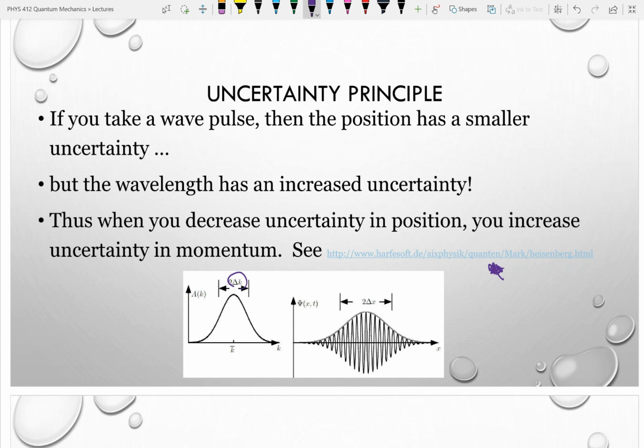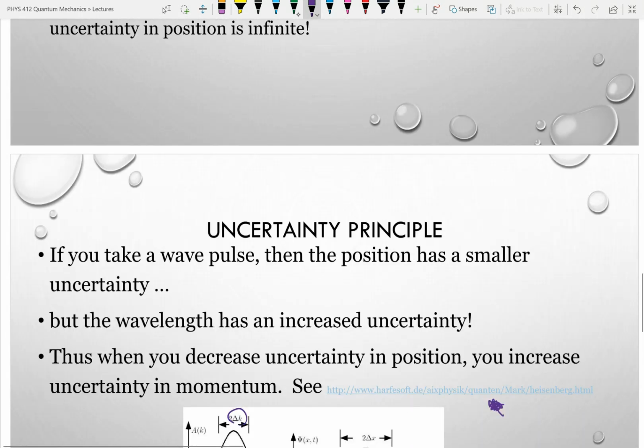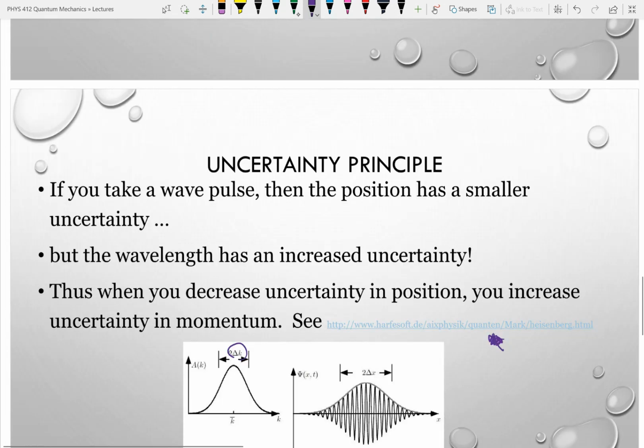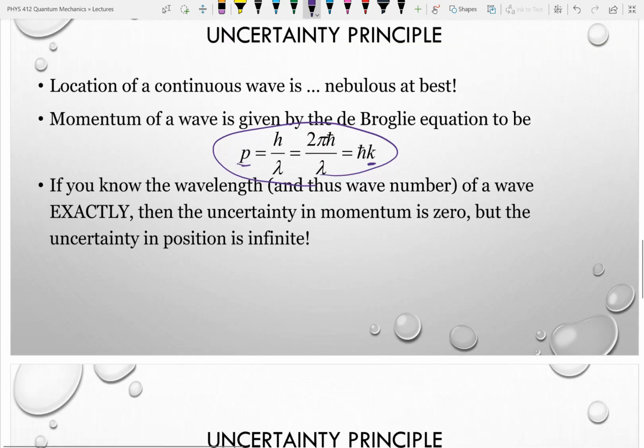I just wanted to make sure I got to this so I could explain what I was thinking on Friday. This equation here was just to let us know that we can use the uncertainty in wave number as a proxy for the uncertainty in momentum, because it's just a constant, h bar, between them.